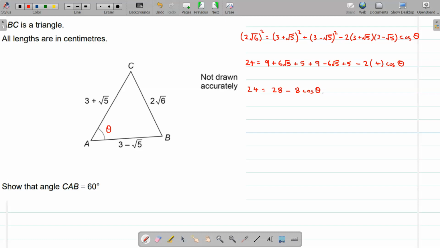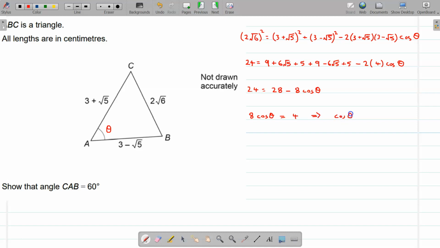Okay, now if I add 8 cos theta to both sides and take away 24, that will give me that 8 cos theta equals 4, which means that cos theta is a half.